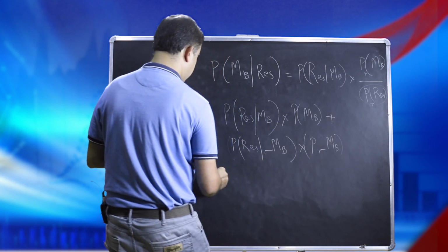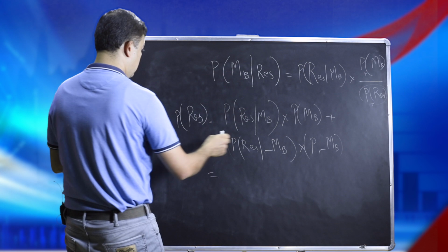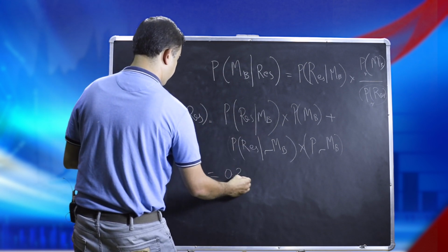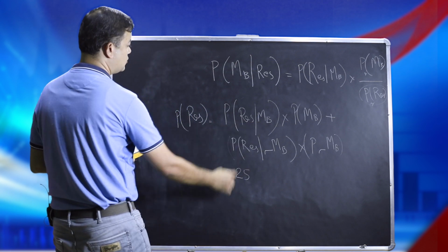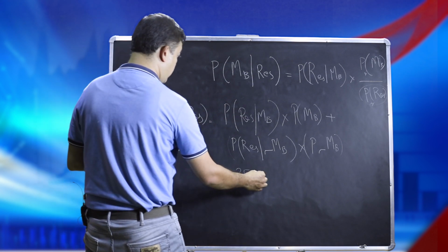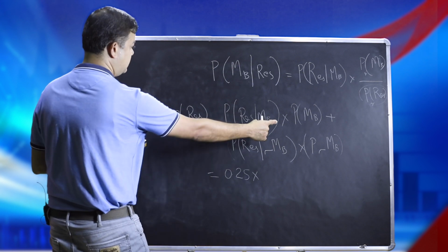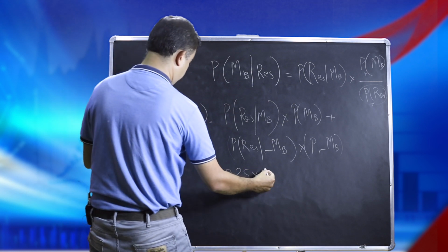So this is equal to the probability of reservation in case you opt for middle berth, which is 0.25. We actually solved this in the probability theory. So to get the middle berth, if you opt for reservation, is 0.25. You have to multiply this with the probability of getting the middle berth, because 90% of people do not opt for the middle berth, it is 0.9.